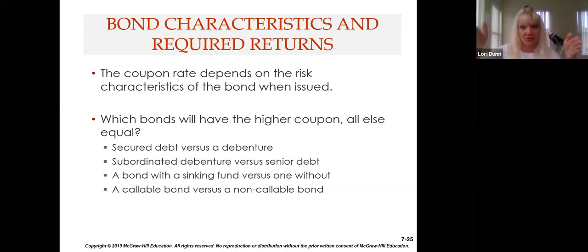With a non-callable bond, you have to wait till the end to get your money. There's more risk that you won't get your money, so the coupon rate on the bond will tend to be higher because of that risk. And you're going to demand that as a purchaser of a bond. People buying these bonds will demand a higher coupon rate, or a higher interest rate, because of these types of risks that they're buying.